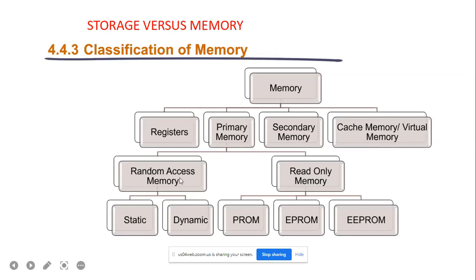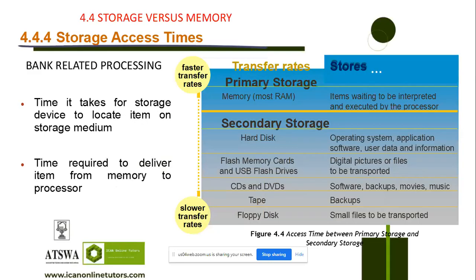Your random access memory consists mostly of volatile information, information that can go off immediately. These are information that are temporarily stored in the memory, while read-only memory holds permanent information or data, so it is non-volatile. It does not disappear with power off. We'll be looking at that in an elaborate way.